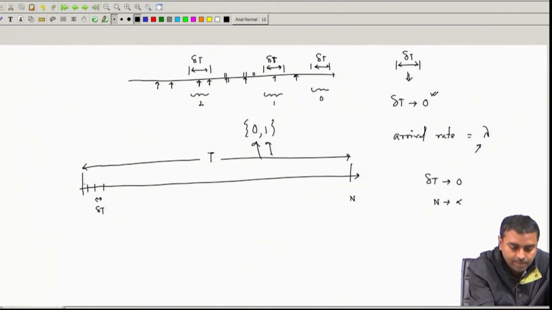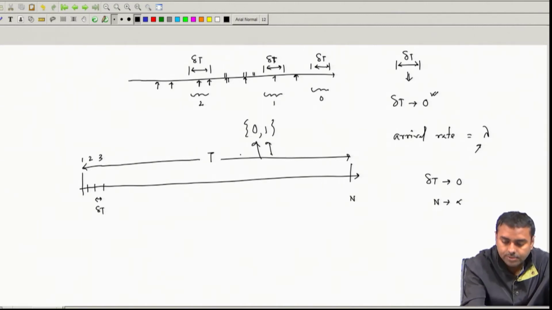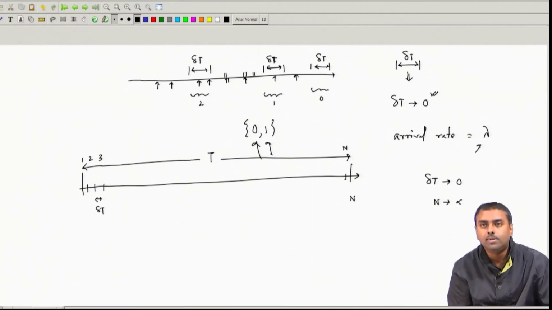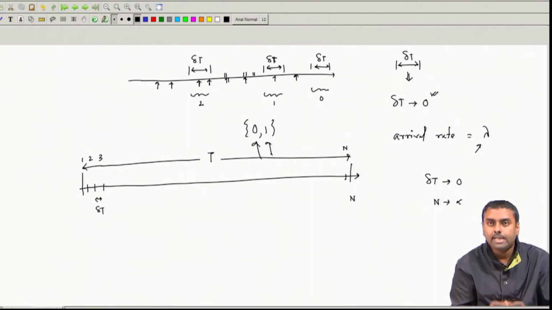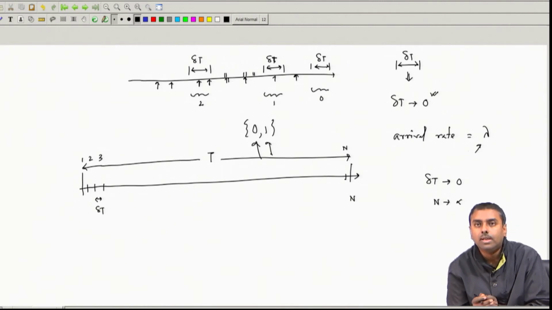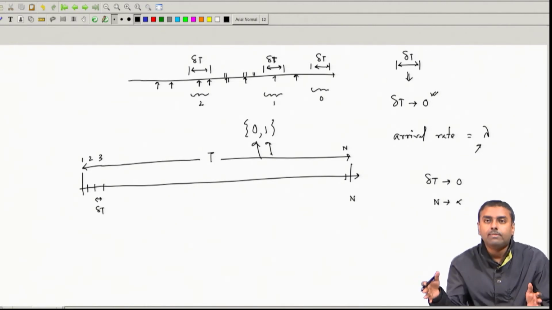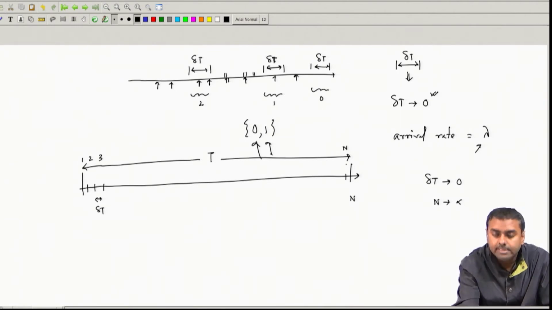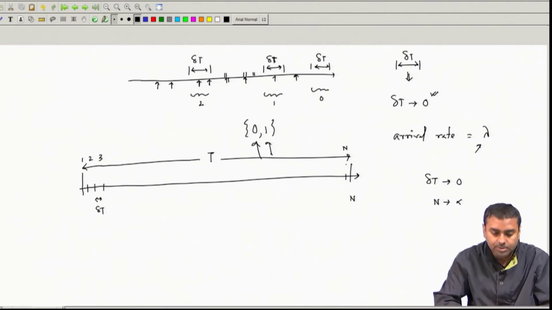So, if I keep counting, this is my first interval, second interval, third interval and so on. If the last one is the Nth interval, then N will go towards infinity. Of course, that happens because delta t goes to 0. So, the number of intervals will increase, and this T is very big, I should say.